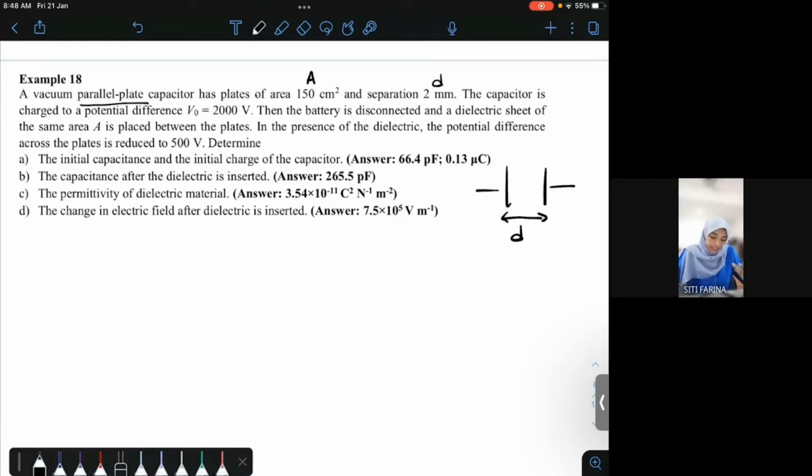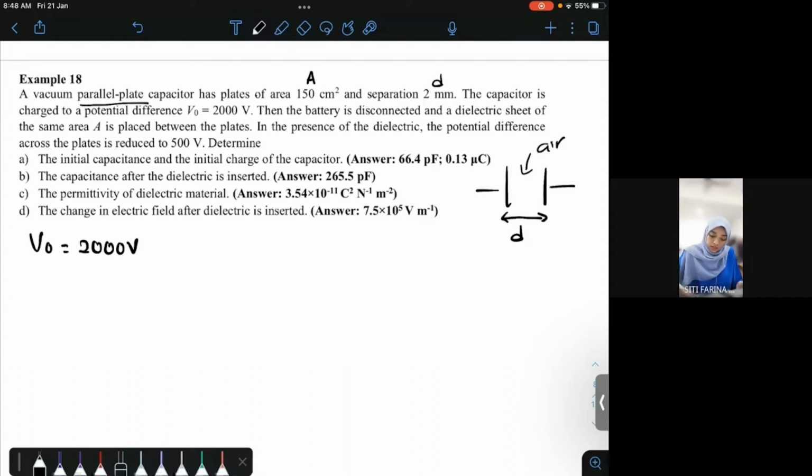The capacitor is charged to a potential difference of 2000 volt. Maksudnya at this particular point, gap dekat sini hanya di-fill dengan air, vacuum. Okay, so for that, your potential is 2000 volt. Then, battery is disconnected.